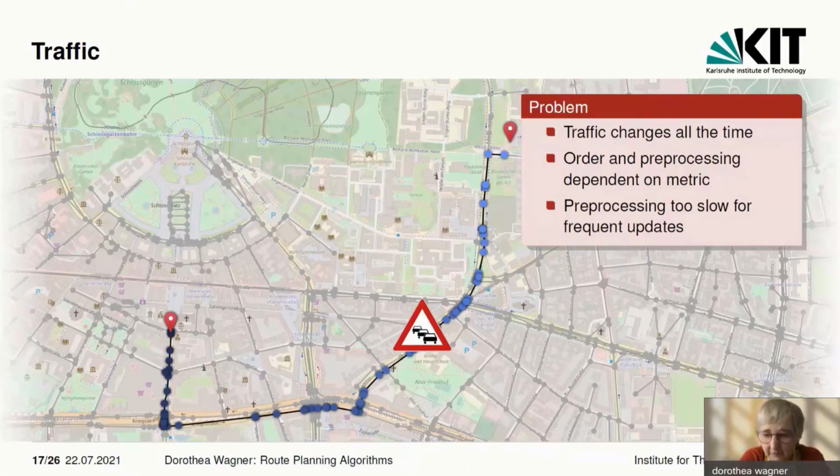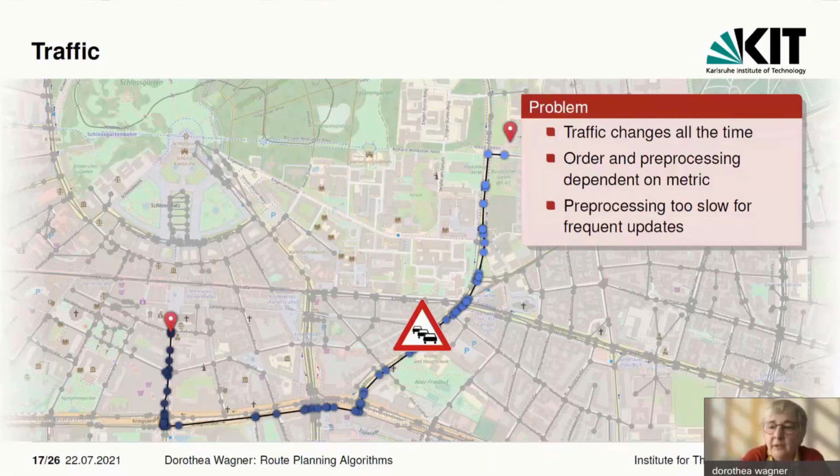But the pre-processing phase we applied in both techniques, multi-level Dijkstra as well as contraction hierarchies, and also all the other techniques, heavily depends on these edge weights, on the metric.